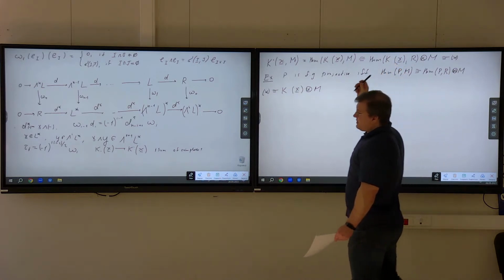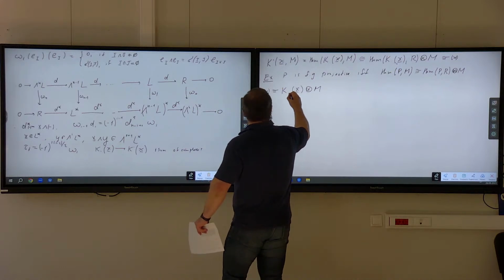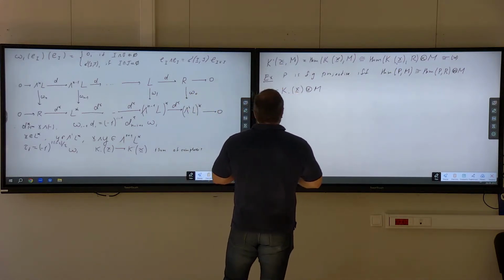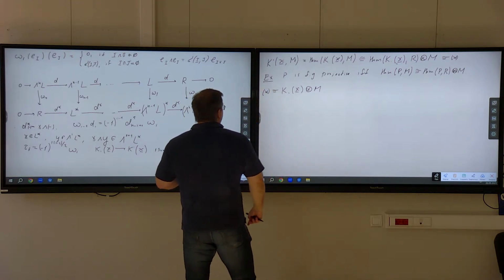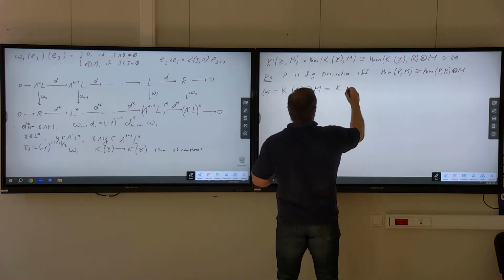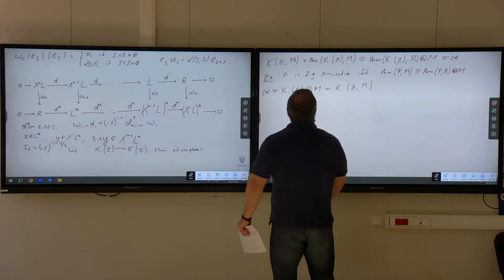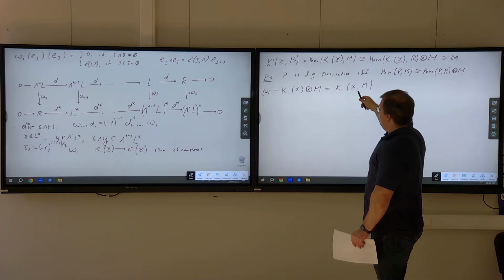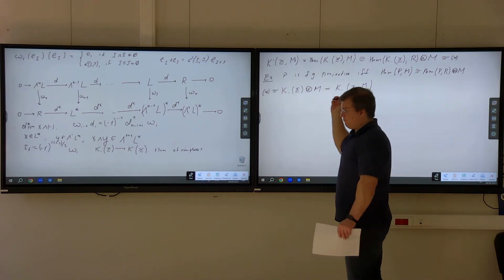But I already have this isomorphism, so I can replace this with K with the lower bullet. And finally, this last step is the definition of K of x with M. So you see that we derived the duality when we have coefficients in M.